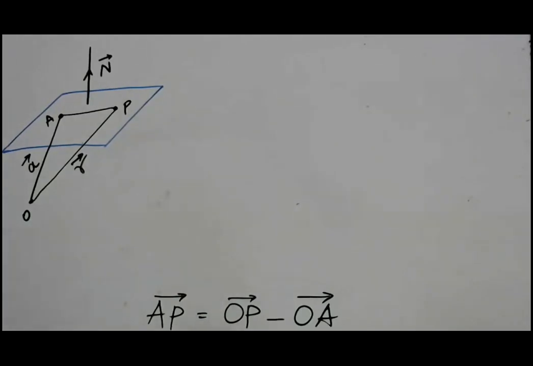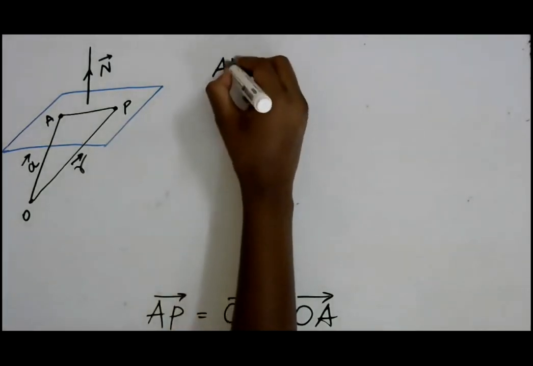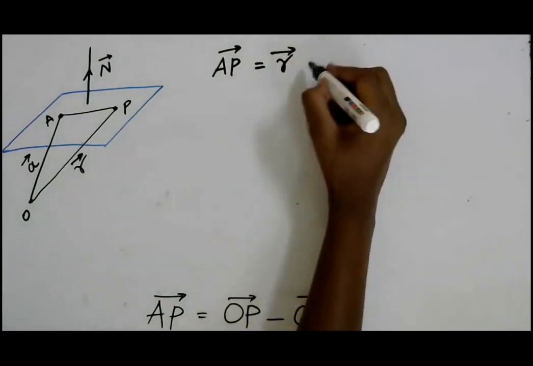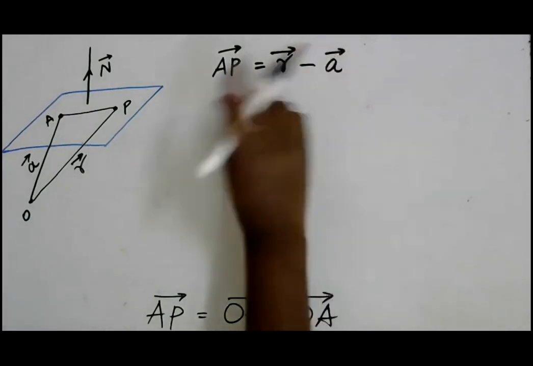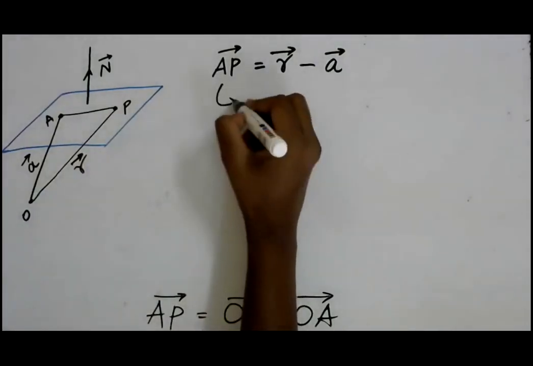But we already know OP vector is R vector and OA vector is A vector, right? So we have AP vector is equal to R vector minus A vector, where this AP vector lies on the plane which we are considering, right?